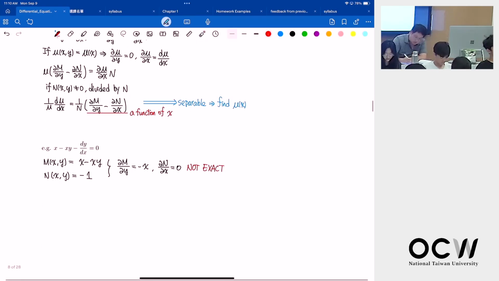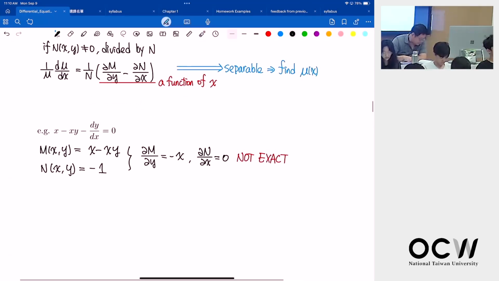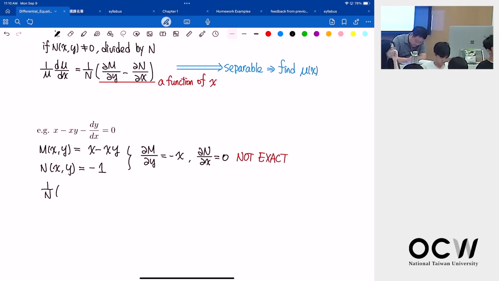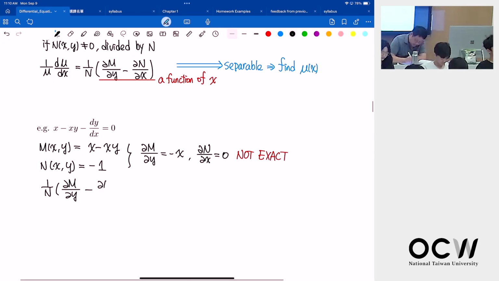So you get 1 over n times partial m over partial y minus partial n over partial x. That is minus x over n, and then this is a function of x.